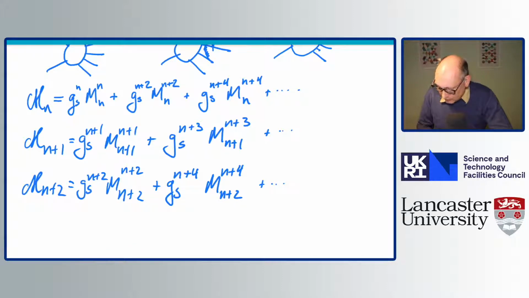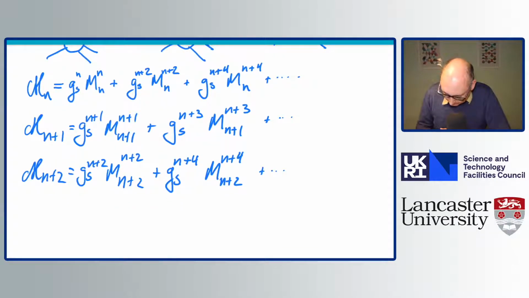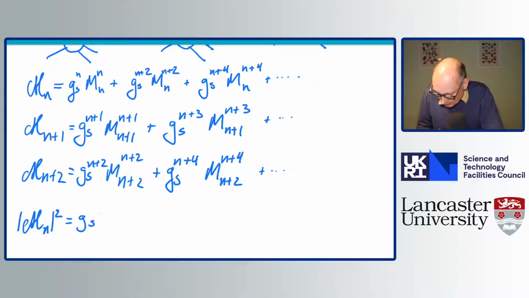So if one were to say, let's calculate the cross section, then one would of course need the square of the amplitude. And let's look at what happens when we take the square of M_n. M_n squared is obviously equal to g_s^(2n) times the Born level amplitude, M_n^n squared.